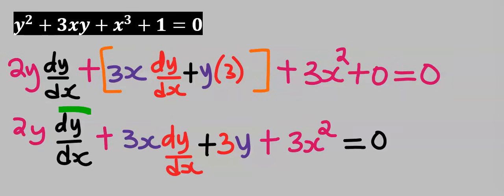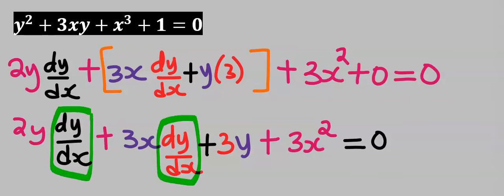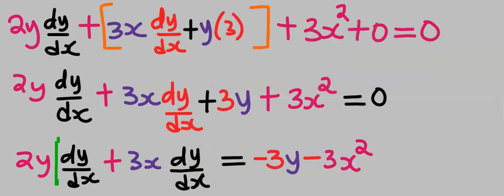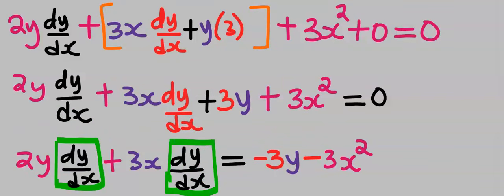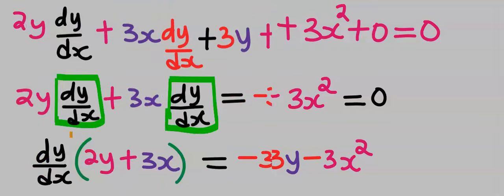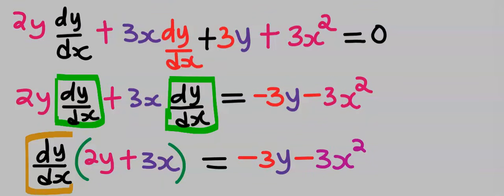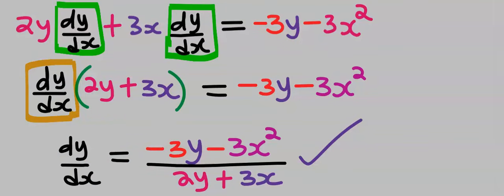Next, we're going to keep dy dx on this side and its coefficients, while we take this across to the other side. Next, we're going to factorize dy dx on this side. Next, make dy dx the subject, and this is our dy dx.